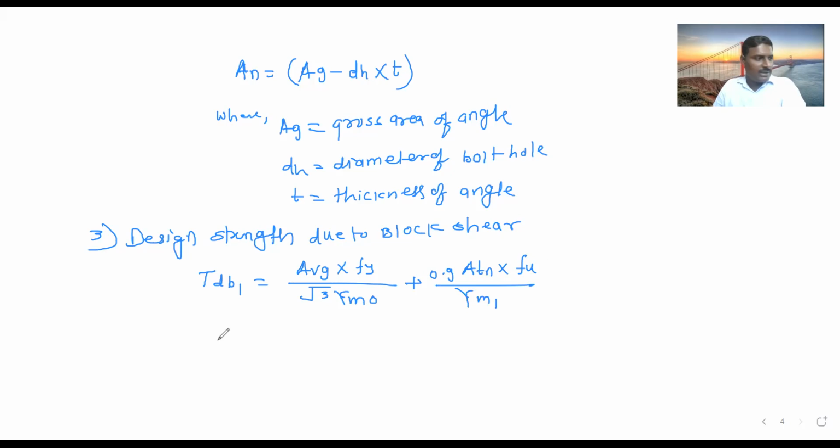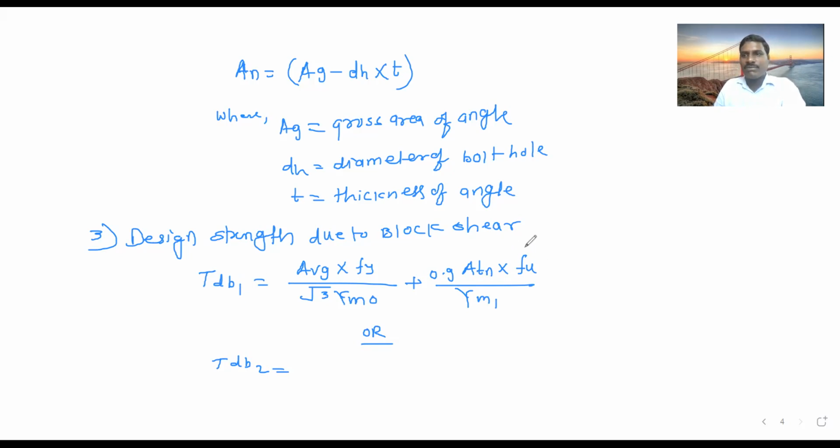This is one formula. Or the second formula, TDB2, which is nothing but the design strength in tension for block shear. B is nothing but for block shear.